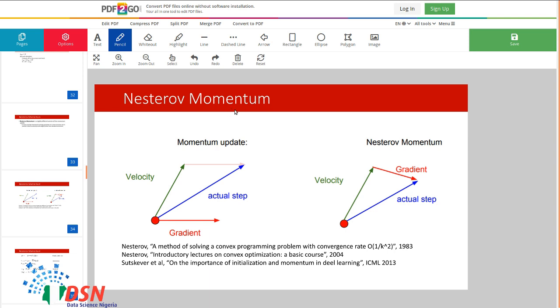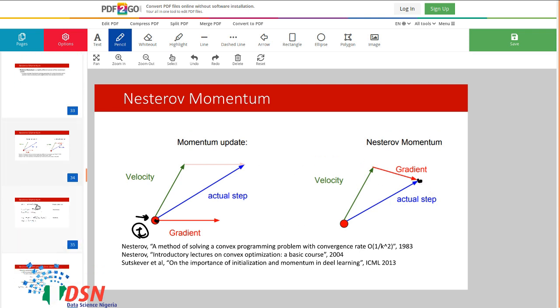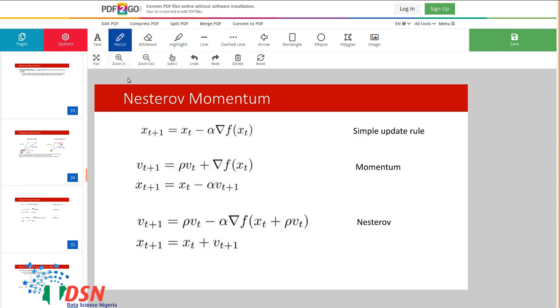In gradient descent with momentum, we calculated the gradient at the point where we stand at time t, but in Nesterov Momentum we calculate the gradient at the next step, in fact. It is more intuitive here.